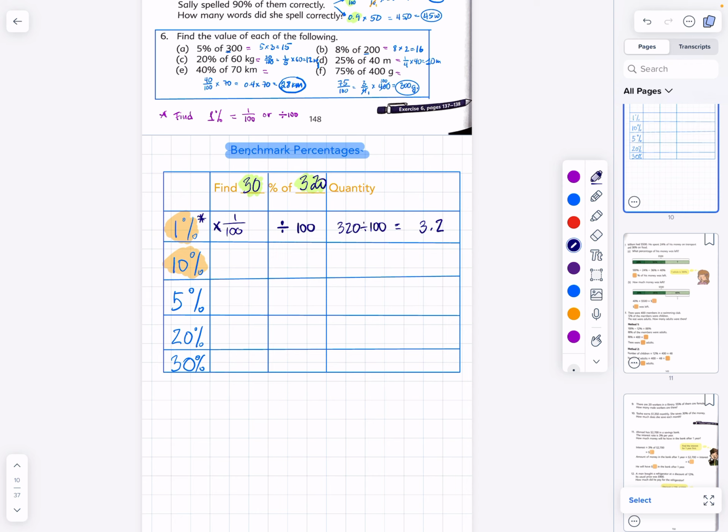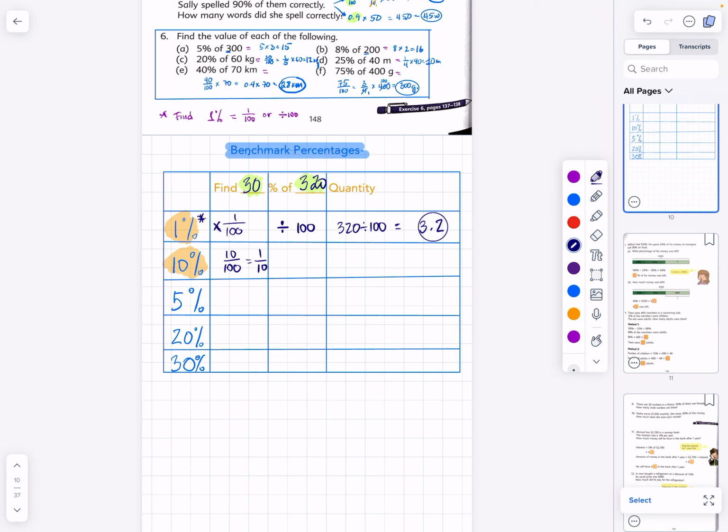Now, what do we do with 3.2 if we want to find 10%? Well, we can multiply times 10. Or how about this? Instead of finding 1% of 320, let's practice very quickly and easily finding 10% of 320. So here we go. 1% of 320 is 3.2. What did we do? We just divided the total quantity into 100 equal parts to find 1%. Now, how do we find 10%? Well, we all know that 10% is 10 out of 100, right? Or 1/10.